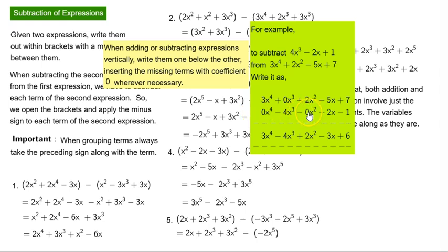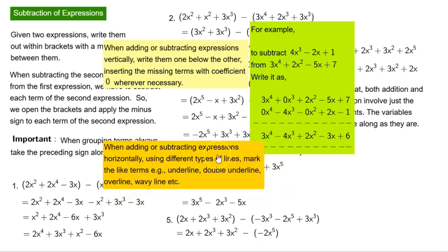I have inserted terms of the powers of x which are missing with coefficient as 0. Now it becomes much more easier to do the subtraction. But ideally, you should be able to do it visually itself. That is horizontally, because as we go into higher and higher learnings, this would be more natural.